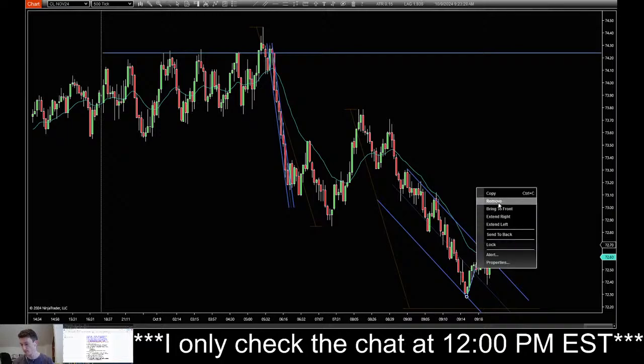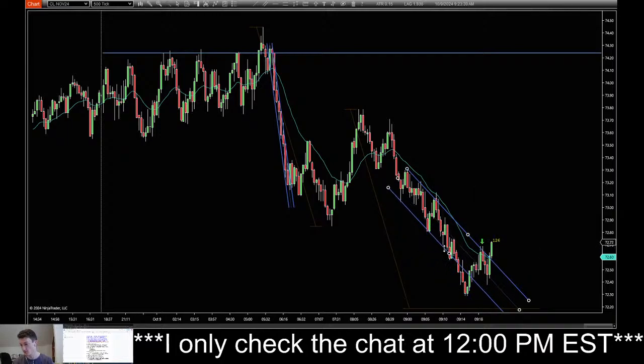Okay. So maybe this is an overshoot. It's just a weird structure. I don't really know what to think about this. Maybe it's really tight. That could make sense.